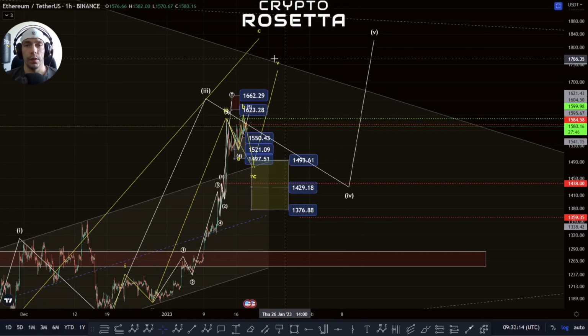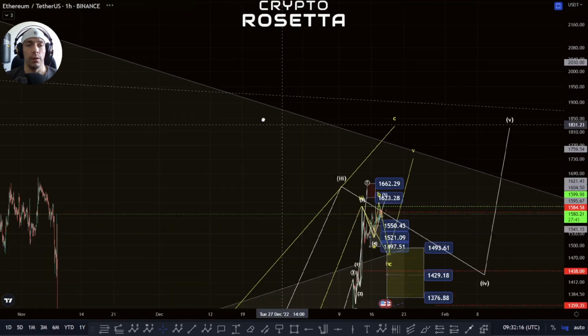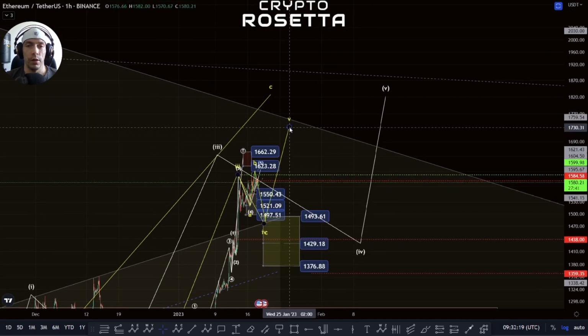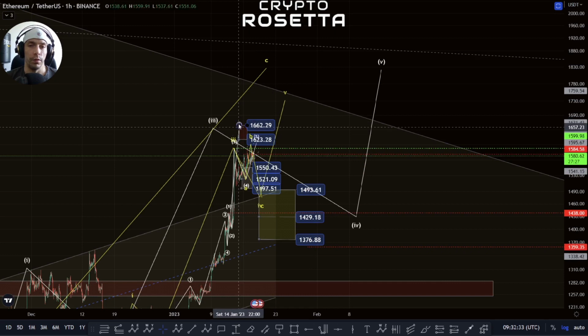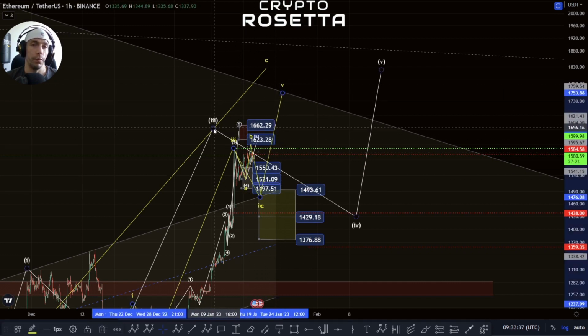There is a potential that we could be looking to come back up and retest this channel line. This channel line is currently sitting at, well, it depends how long we take to get here, but around the 1700 area, 1776, right above where we are now. So that's also a possibility. So we get this move down and then we push up for this fifth wave.